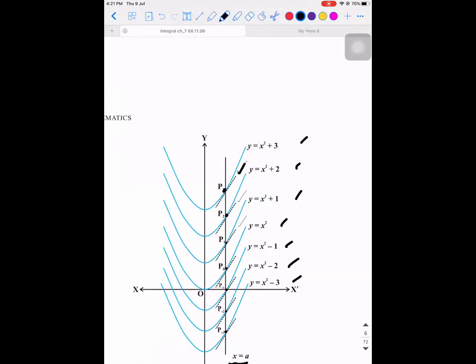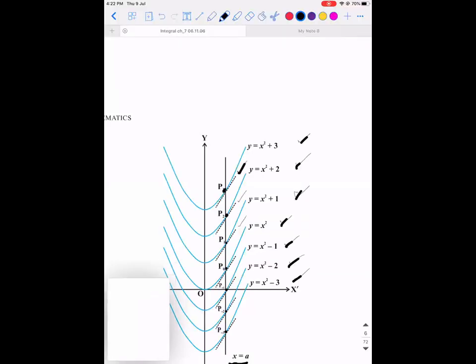If you differentiate the curve and substitute the value of x is equal to a, that is going to be the slope. For all these curves, if I differentiate, what will I get? I'll only get 2x. So if the slopes of all the tangents are equal, they're parallel to each other, right?